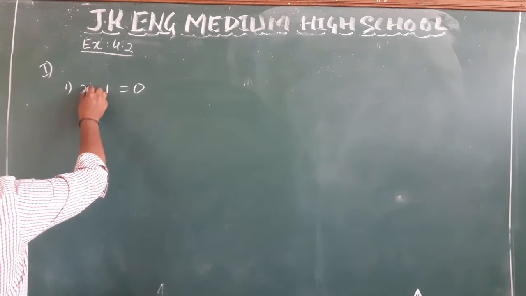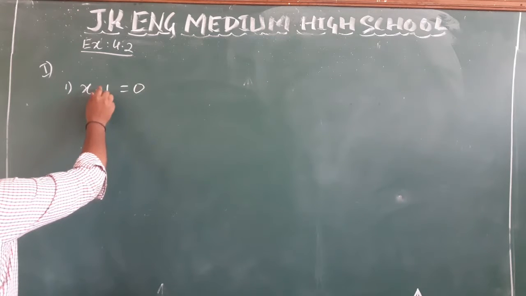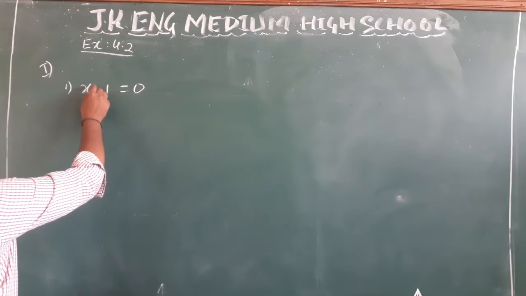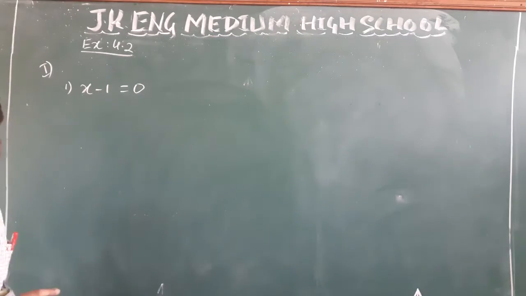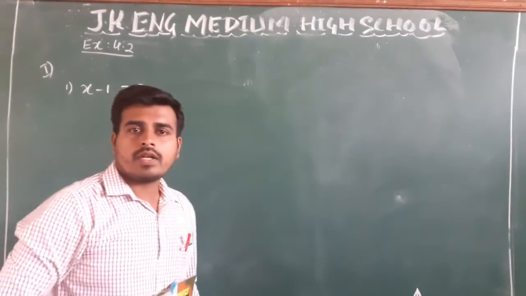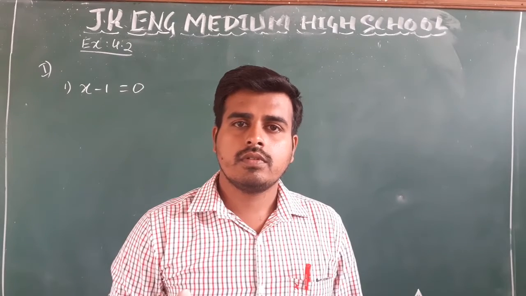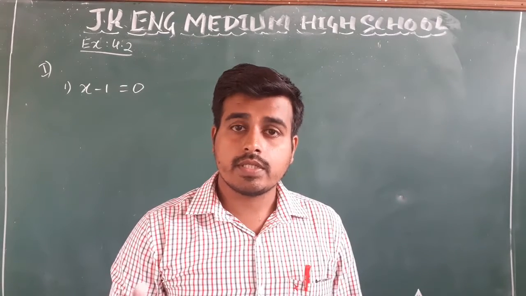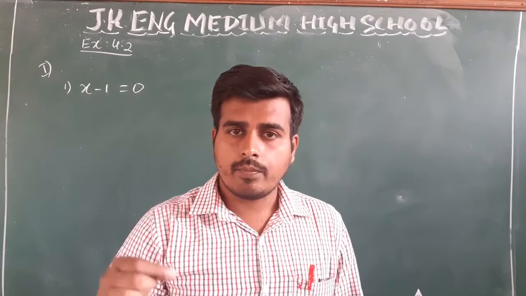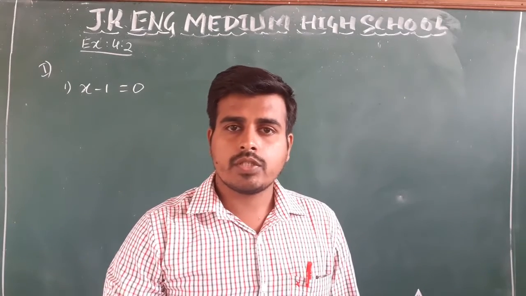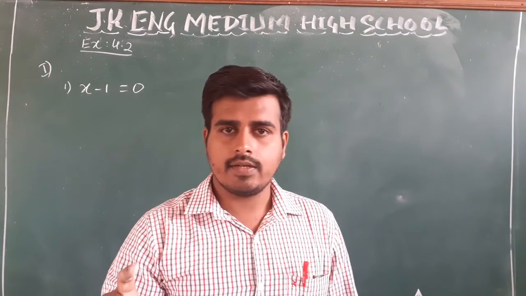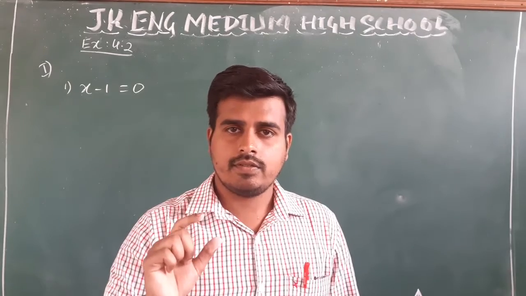I need to separate this x. If I want to separate this x, I need to remove this -1. How to remove this -1? What is the exact opposite of -1? The exact opposite of -1 is +1. If I put +1 there, this -1 and +1 are going to cancel, and you will get x.